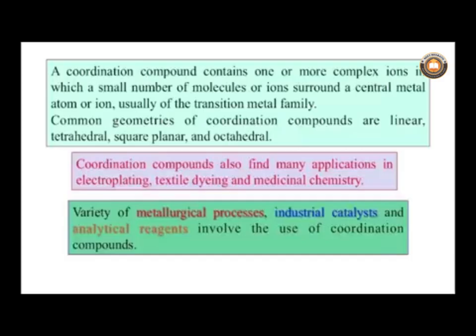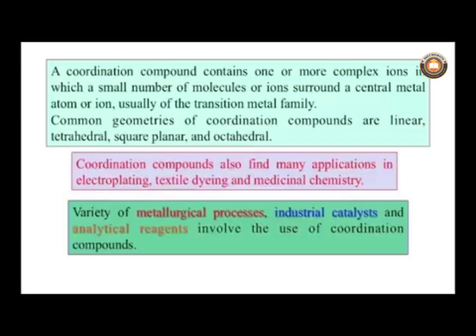It can usually be 3d, 4d or 5d metals, but it can go beyond those transition metal ions. In a typical form, it can have the atom like nickel tetracarbonyl, Ni(CO)4, which we will discuss afterwards in detail, or you can have K3[Fe(CN)6], where the cation is bound to some anions.